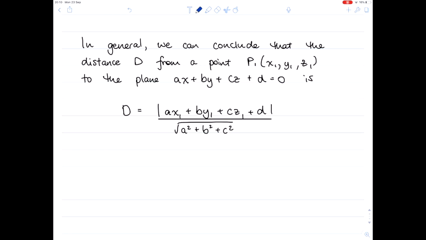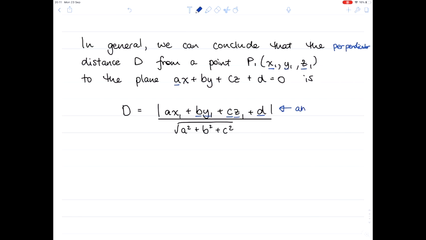So if we want to summarize what we saw in this example to apply in general, we can conclude that the distance d from a point, and I'll just be clear here, we want the perpendicular distance from a point P1, with coordinates x1, y1, z1, to a particular plane, is given by the absolute value of a, which is the x coefficient of the plane, times the x coordinate of the point, plus the corresponding b coefficient and point, and z coefficient, plus d.